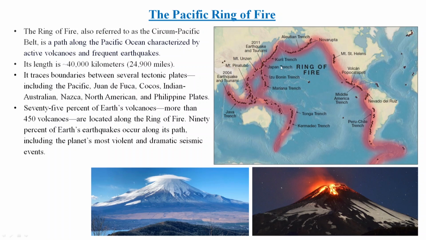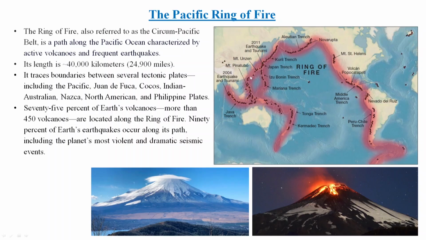Obviously these volcanoes are related to your convergent boundaries, because these are the zones of subduction where new volcanism is taking place. Mostly, apart from a few, whenever these are continental arcs, they are andesitic in nature. When they are simply volcanic arcs, they are basaltic in nature.